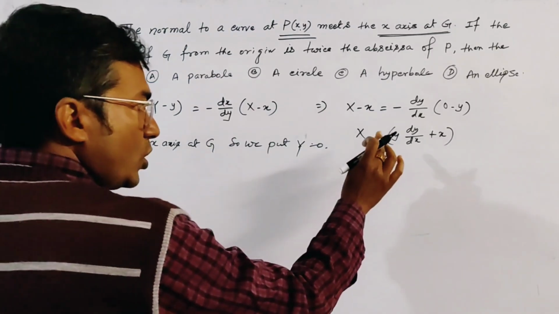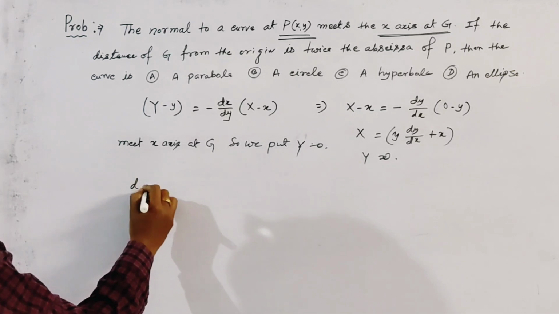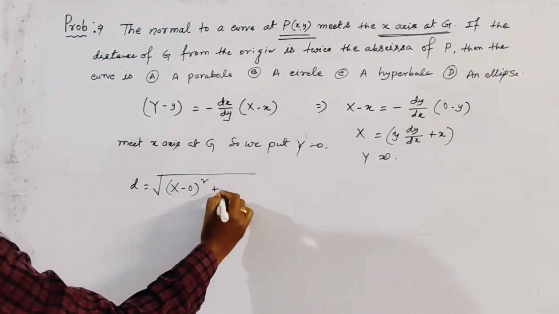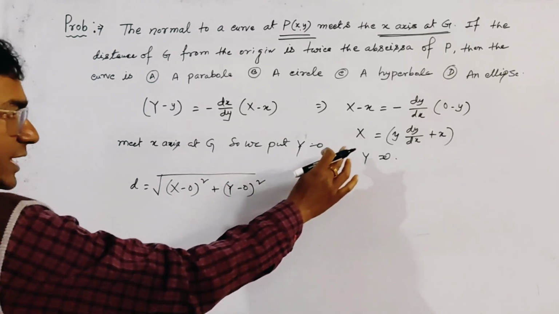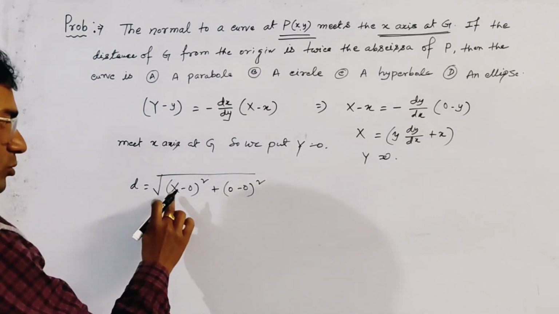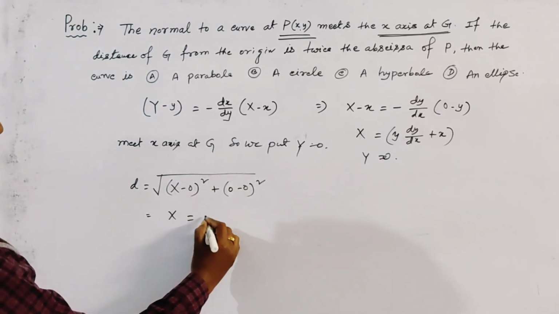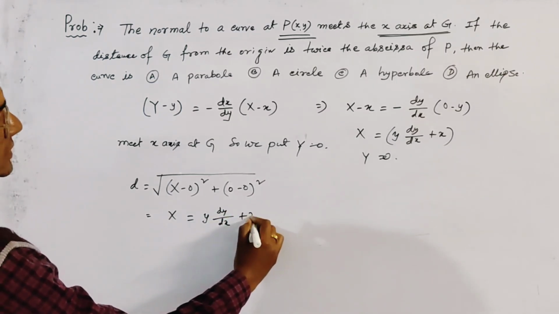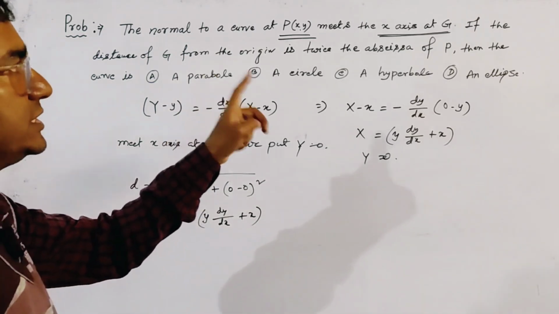So the distance of G from the origin is given by d equals the square root of (X minus 0) whole square plus (Y minus 0) whole square. Here Y is 0, so we get d equal to y dy/dx plus x. This is the distance d from the origin to the point G.